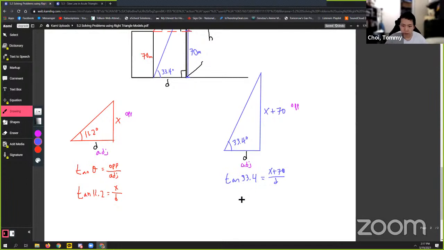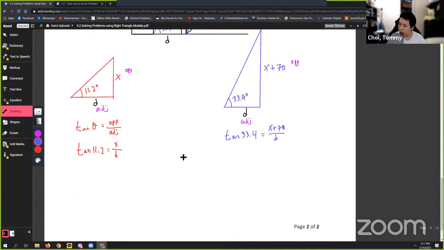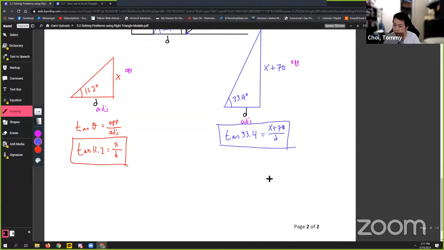Once we have that down, we think, well, I have two equations and two unknowns. Does anyone know what that means? In math, there's this golden rule. If you have two variables that you do not know, you need at least two equations to be able to solve it.